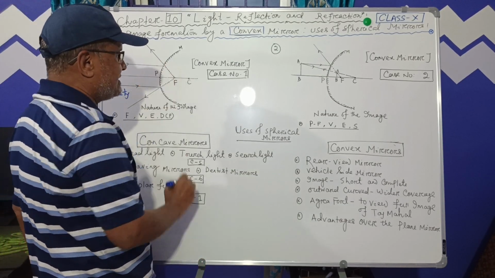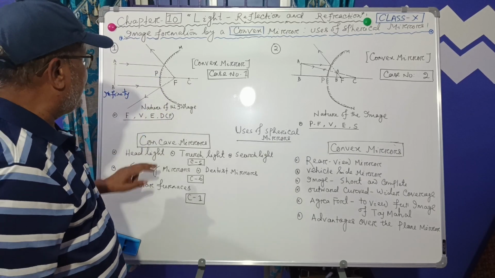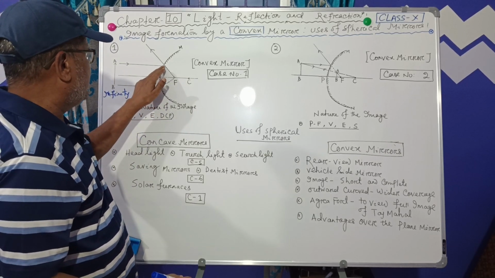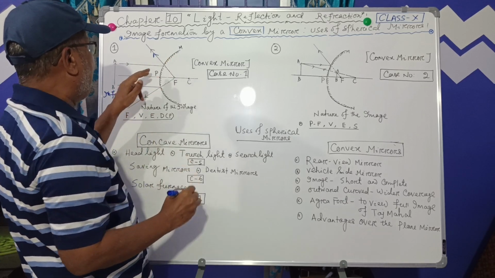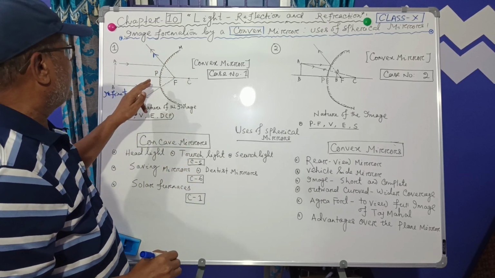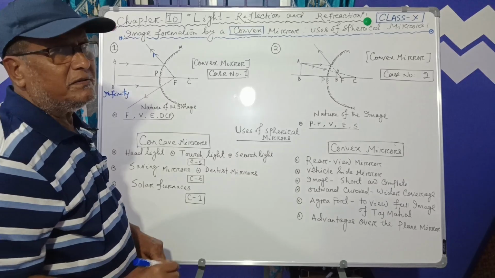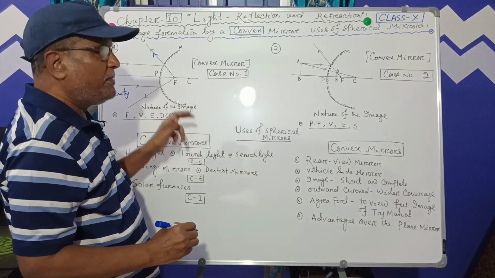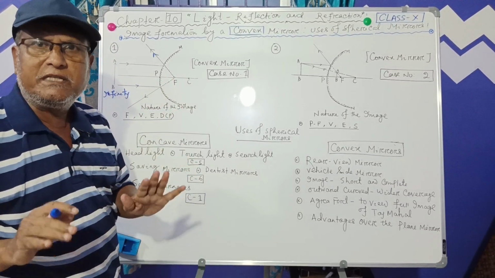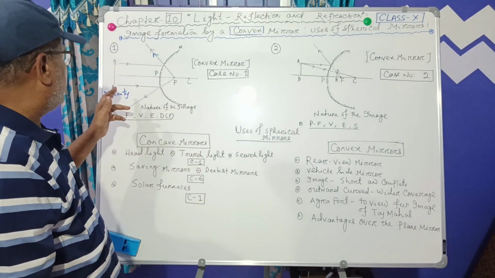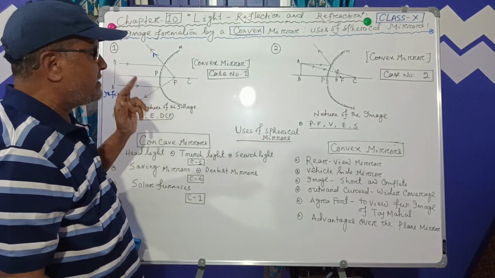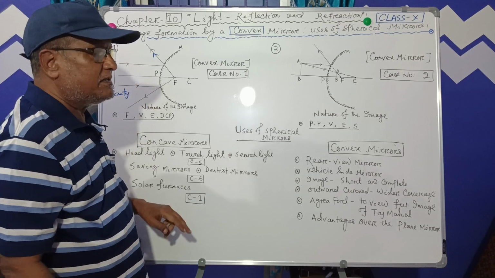Here, principal axis, after reflection, here you see is reflected. This is the reflected ray. After reflection, it appears to have come from a point on the principal axis, that is called focus. Now you see, this is another ray parallel to the principal axis.